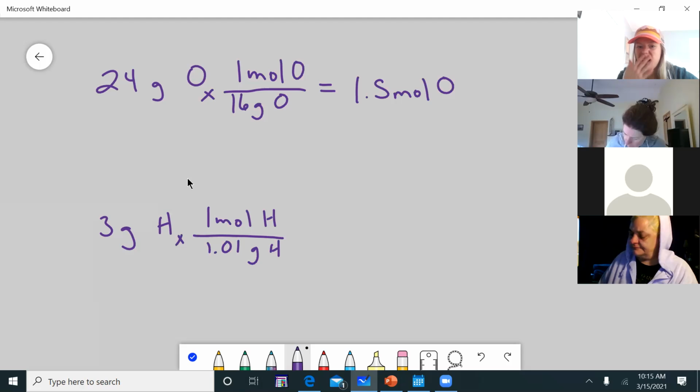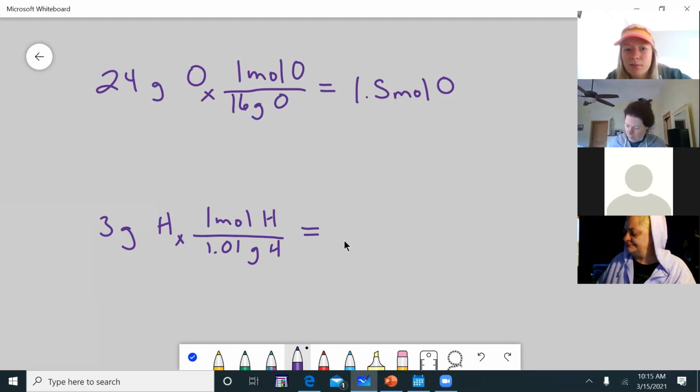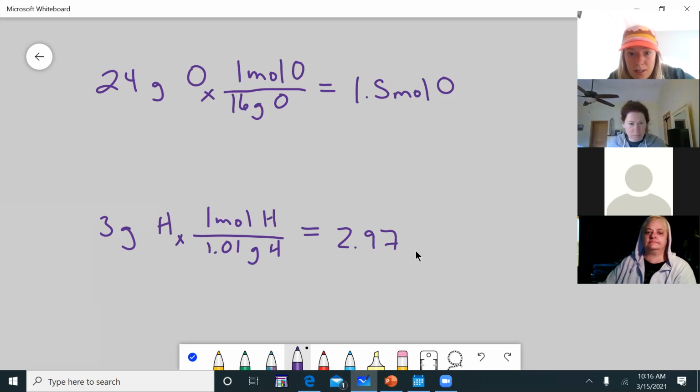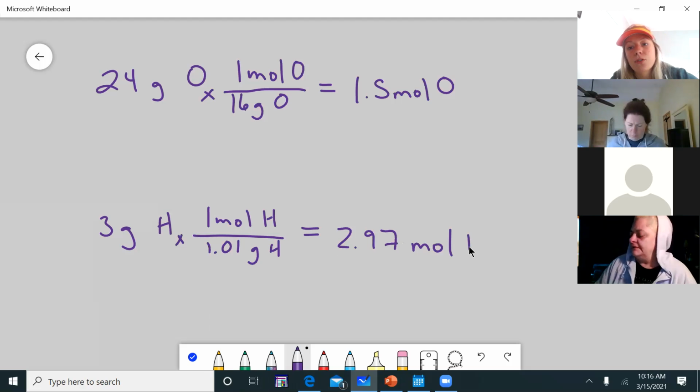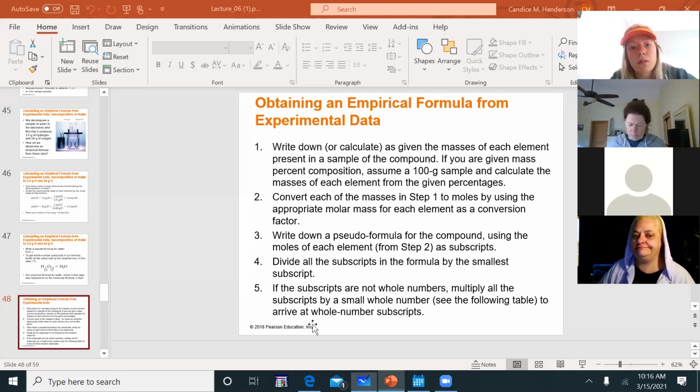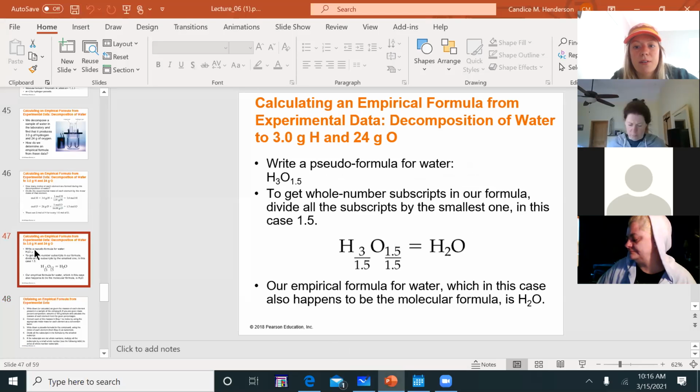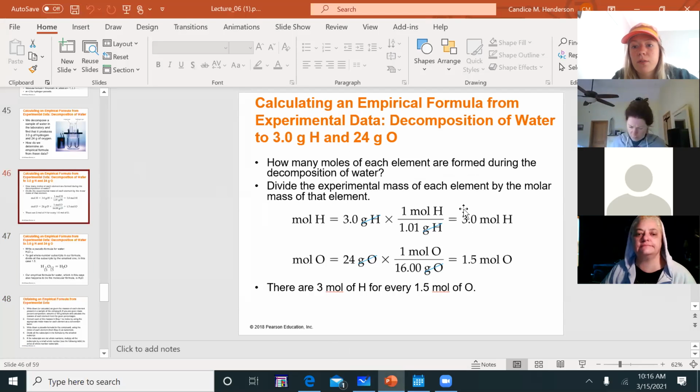And I get 2.97. This is where you're gonna do some rounding, okay? So 2.97 moles of hydrogen. It's roughly 3. So they have it down here as 3.